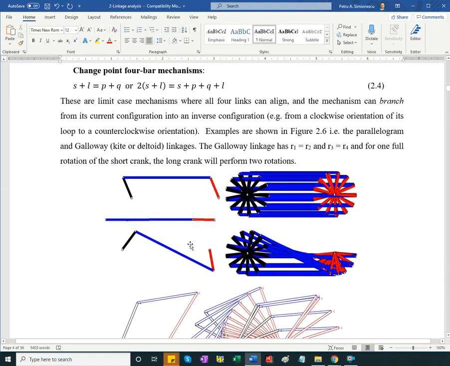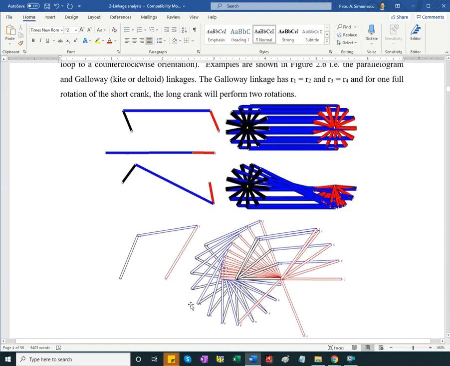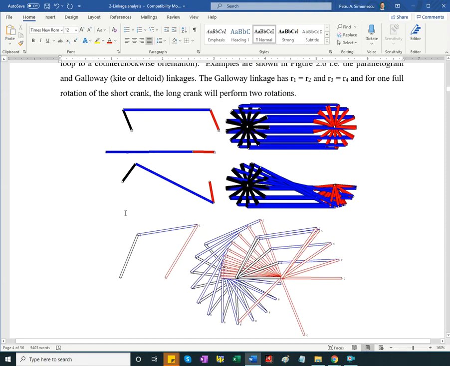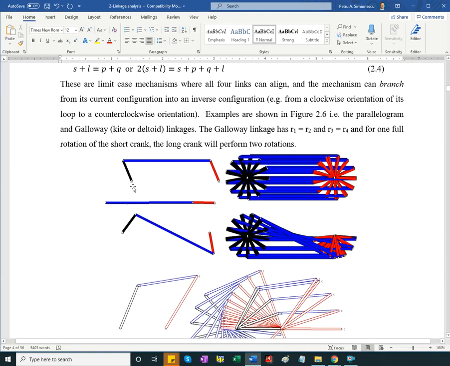So there are change point configurations. You see here a parallel linkage, the other one being the deltoid or Galloway 4-bar. This will be the branching configuration, and the mechanism can continue to operate like the blue link staying, and all links staying parallel with themselves as the mechanism functions.